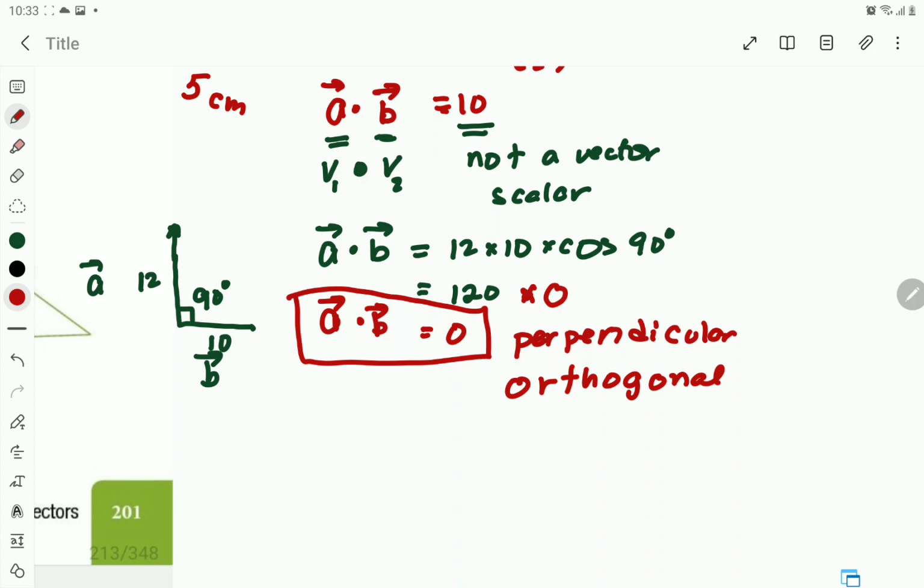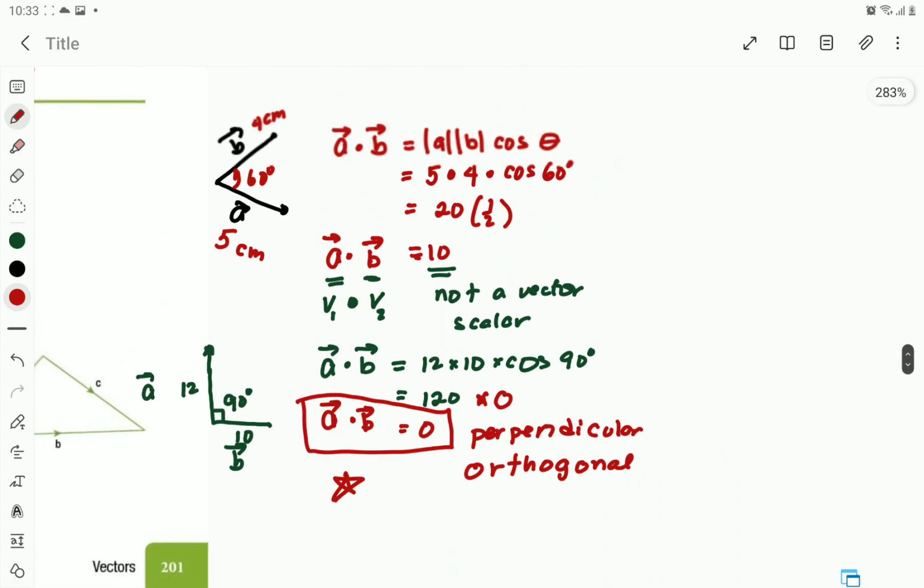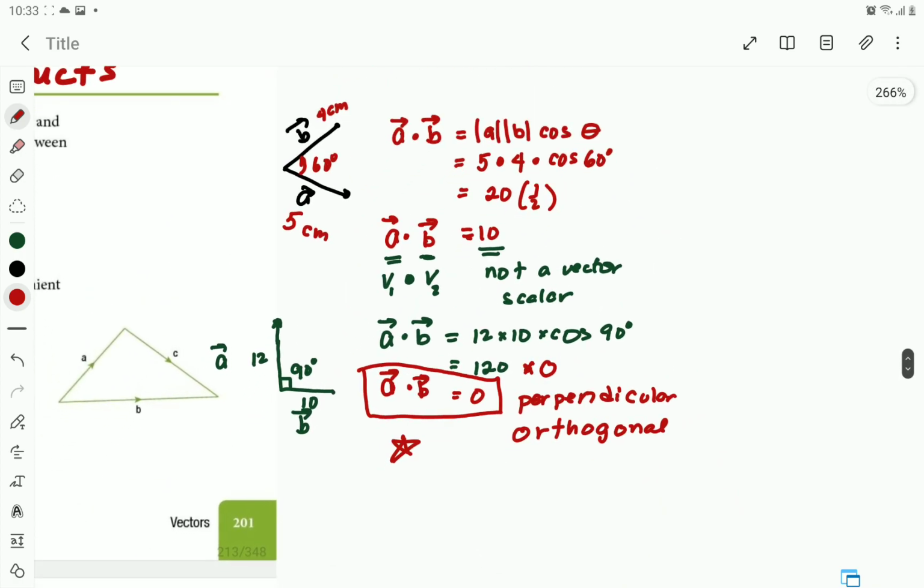So the vectors are perpendicular if the dot product is equal to 0. Please take note of this. It's very important because in your exam, sometimes you're asked to show that two vectors are perpendicular with each other. To show that, you need to take the dot product and make it equal to 0.